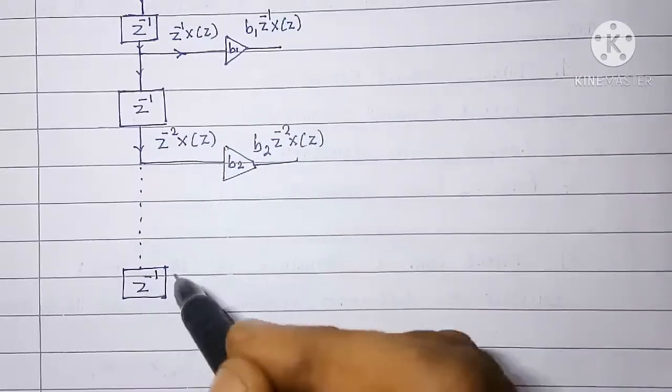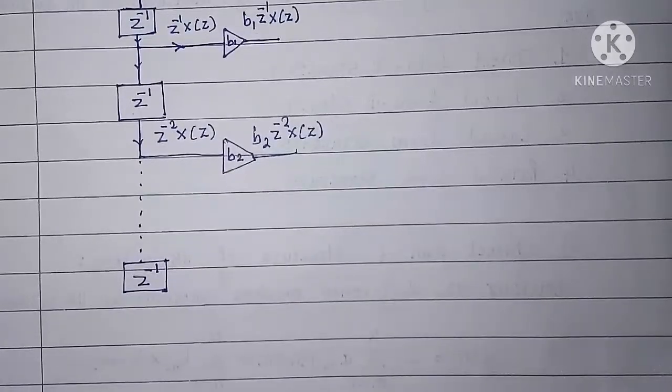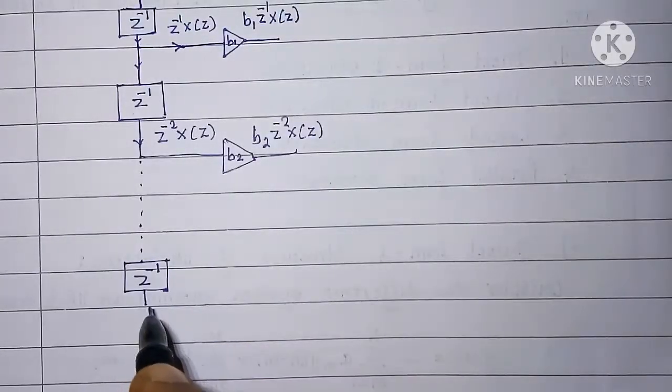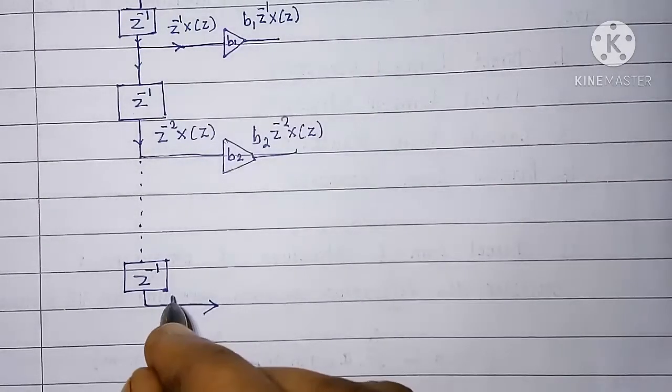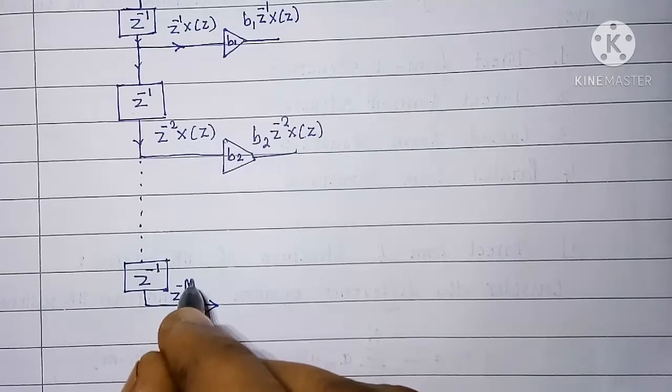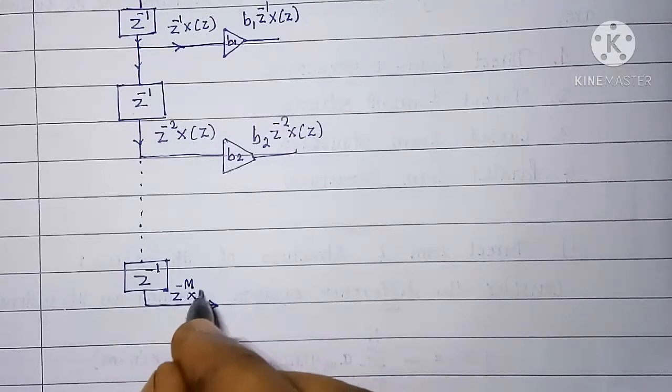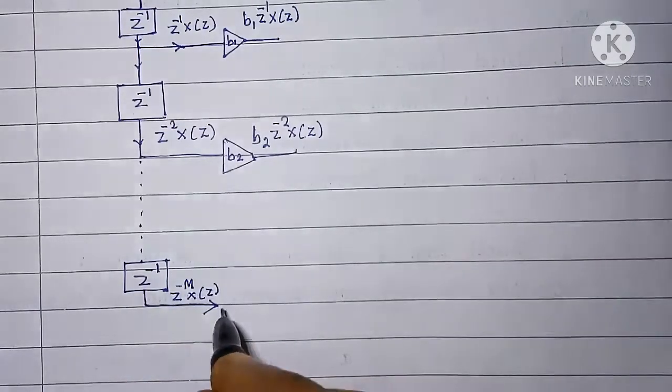Dash dash dash z raised to minus 1. Output of this box here is equal to z raised to minus m into x of z.